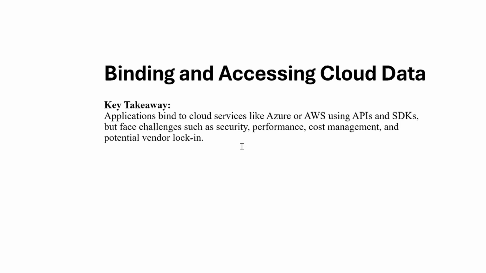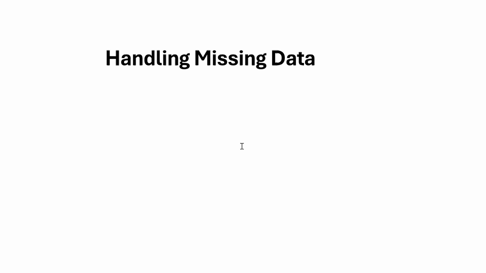So we have takeaways like major industrial cloud computing environments and applications like Azure and AWS using APIs and SDKs. They have faced some challenges, but they have ultimately been able to manage these things. One big challenge which I missed before is mishandling missing data, which is normally represented as a null value.